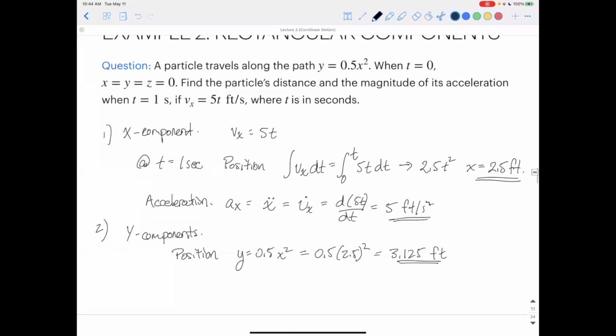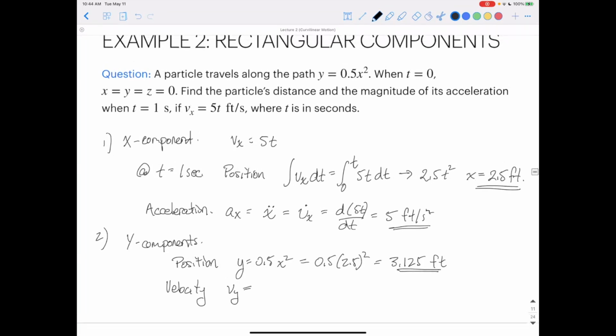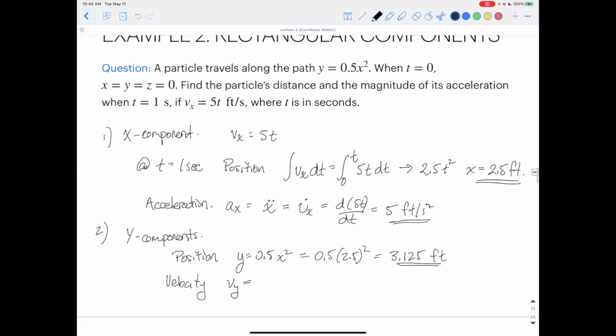Our velocity is our vy. How can we find our velocity? We use the same process as before. We can take the time derivative of our function of y, which should be equal to 0.5 times 2 times x times x dot.